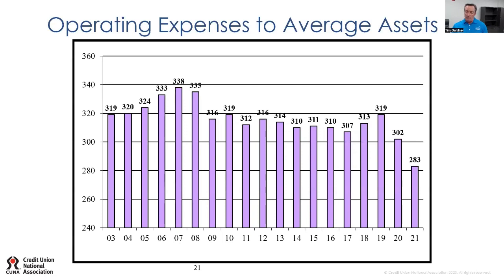And what you see here on the trend line is the fact that operating expenses are basically fixed. So it doesn't matter what external interest rates do. It doesn't matter what our loan portfolio does or doesn't do, because the operating expenses for credit unions over extended periods of time tend to be fixed. So that's one of the things that you're going to want to dig into.